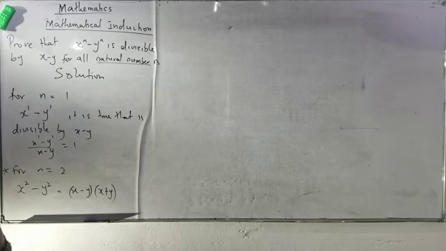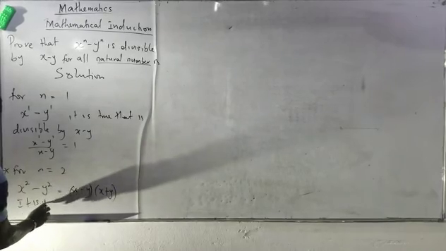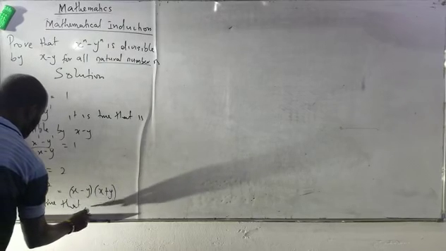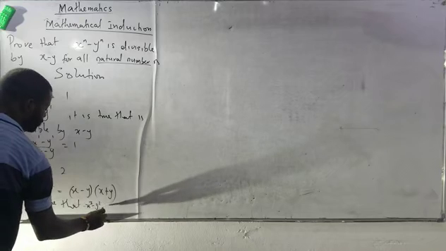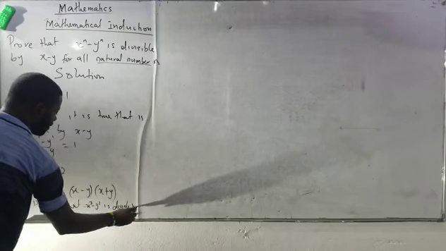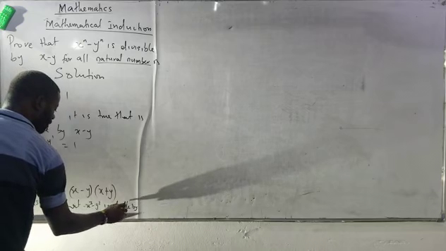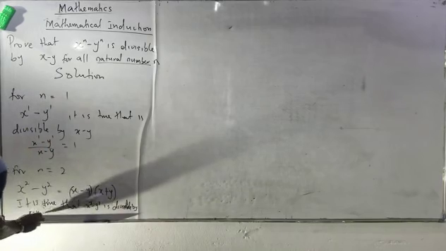With this, you can see that x squared minus y squared is divisible by x minus y.